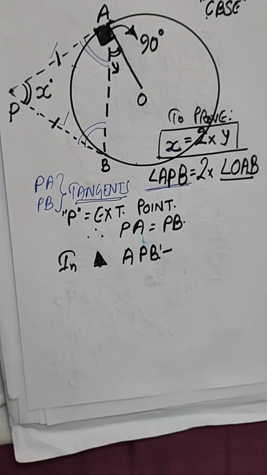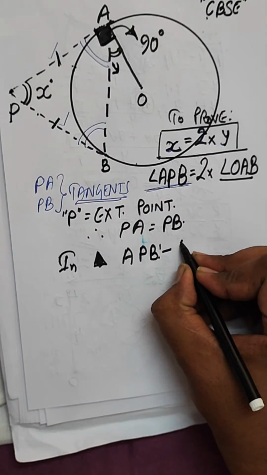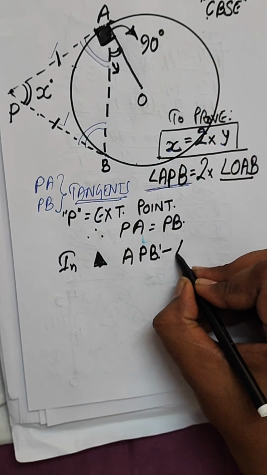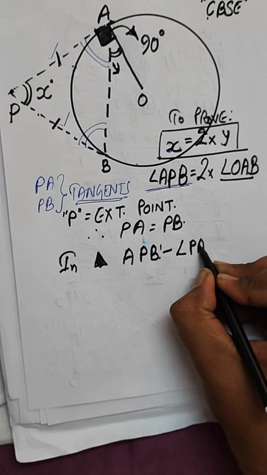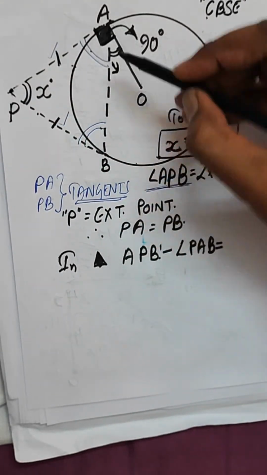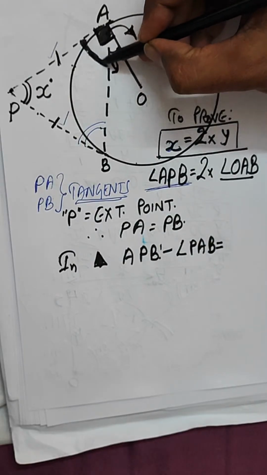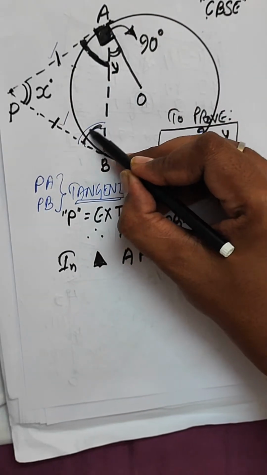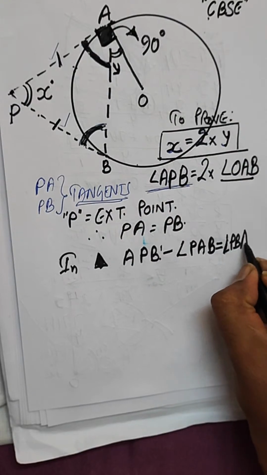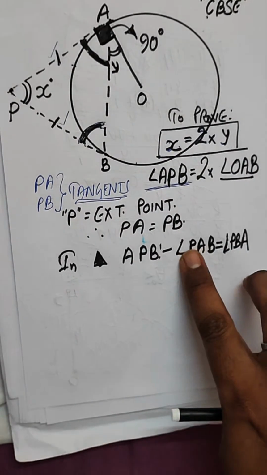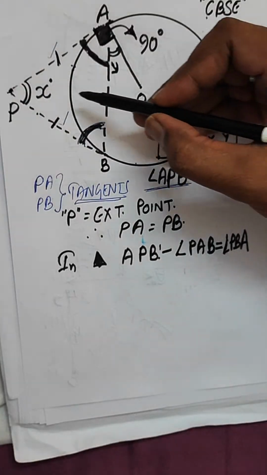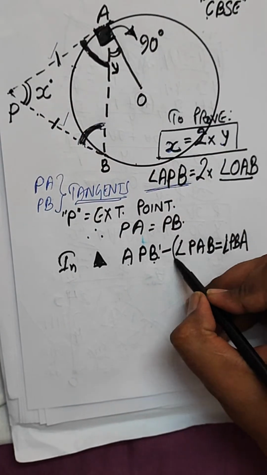That means in triangle APB, angle PAB is equal to angle PBA.